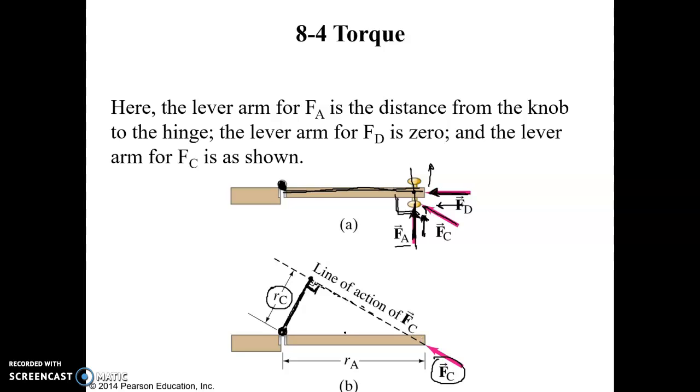So that is also a way to find the torque caused by FC. I, however, prefer finding the y or vertical component of FC here and then multiplying it by this radius, or r, the length of the door. I think that's easier to do.